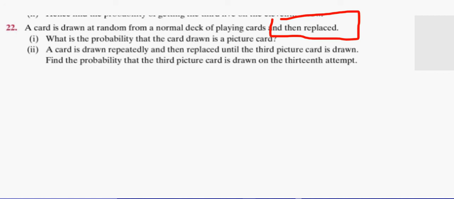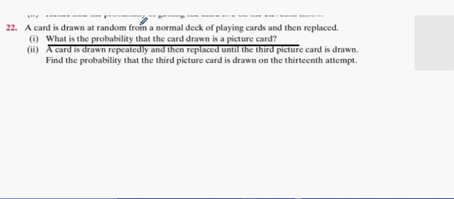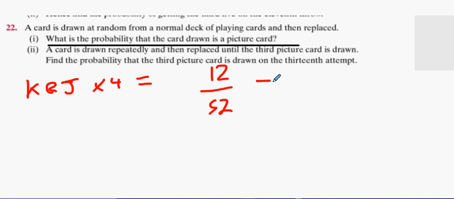Let's start with part 1. Alright, what's the probability of a picture card, anybody? How many cards are picture cards? King, Queen, Jack. And there's 4 suits, isn't there? So that's 12 cards out of 52, otherwise known as 3 out of 13.